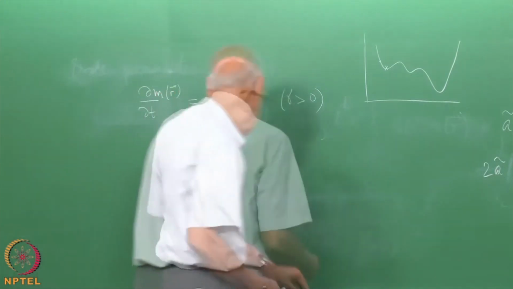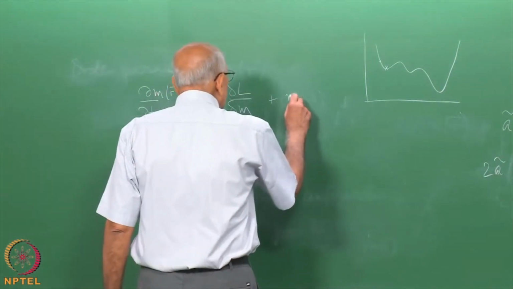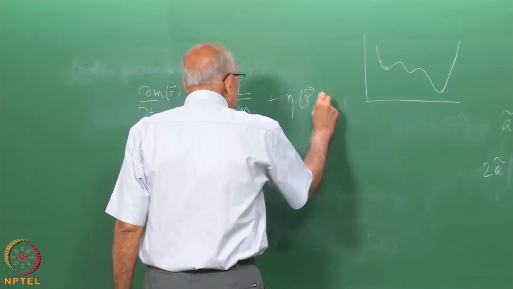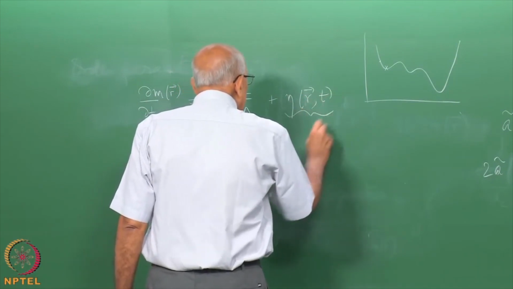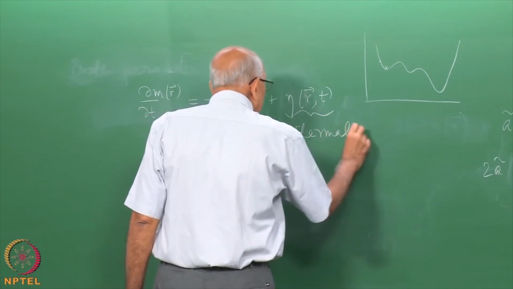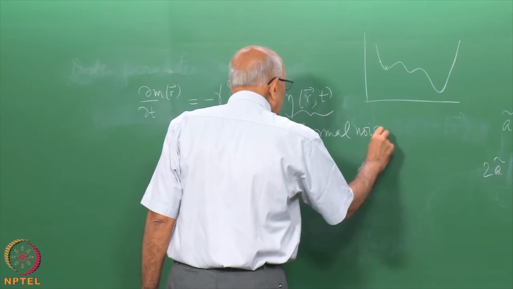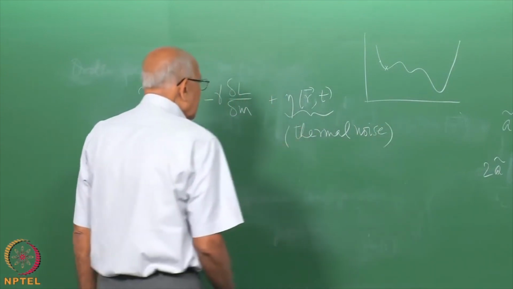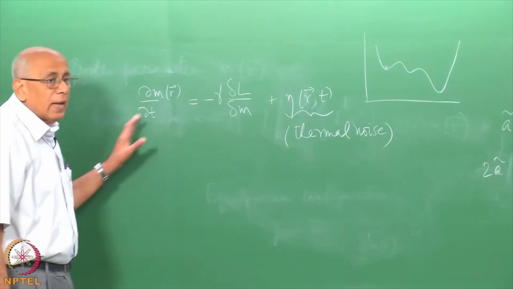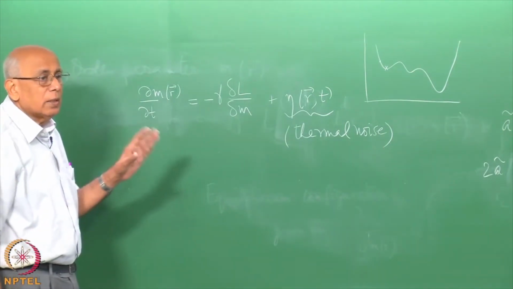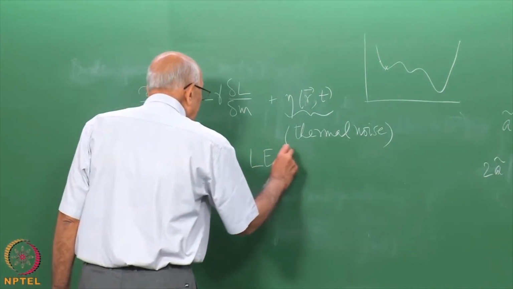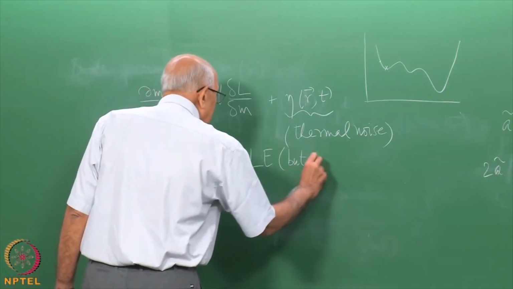So, it is a field plus eta of r and t. This is thermal noise, and this is exactly the structure of a nonlinear Langevin equation.